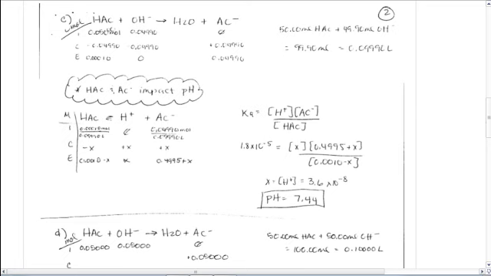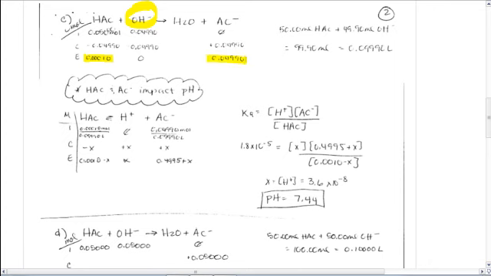With part C, this was very much like B, except we have added a little more base, but we're still not to the equivalence point. So as you can see up here, what we're left with is that the hydroxide is limiting. So we're left with acetic acid and the acetate ion.